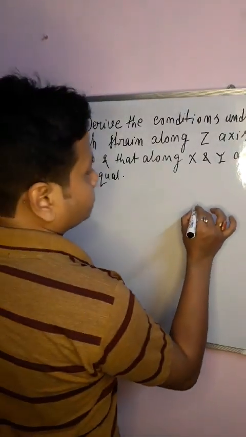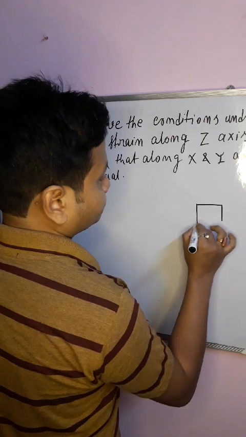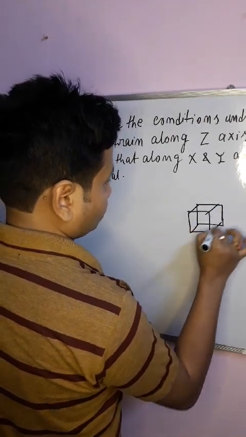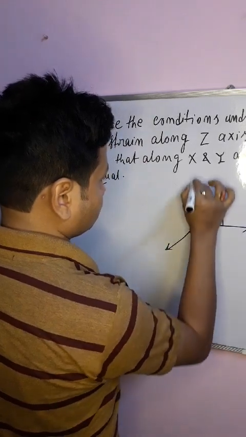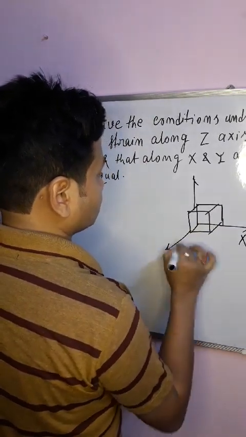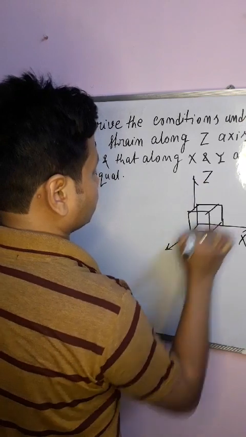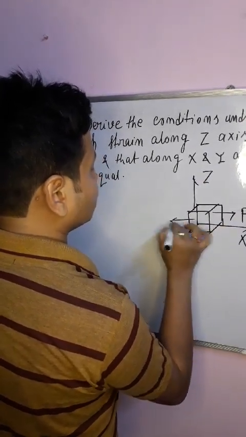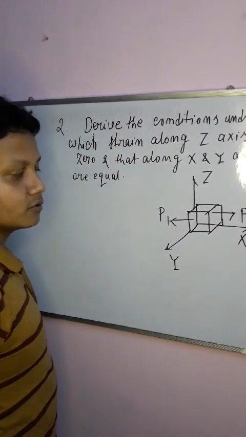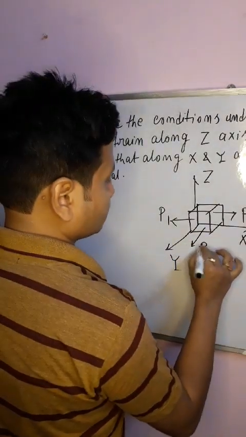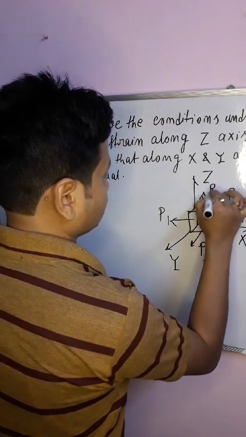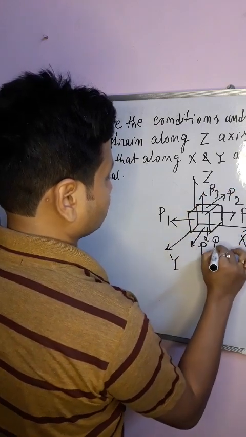Suppose this is x and z, this is y. Suppose we apply force P1 per unit area along outward direction along x-axis, and along y-axis this outward force is P2, and along z-axis this outward force is P3.